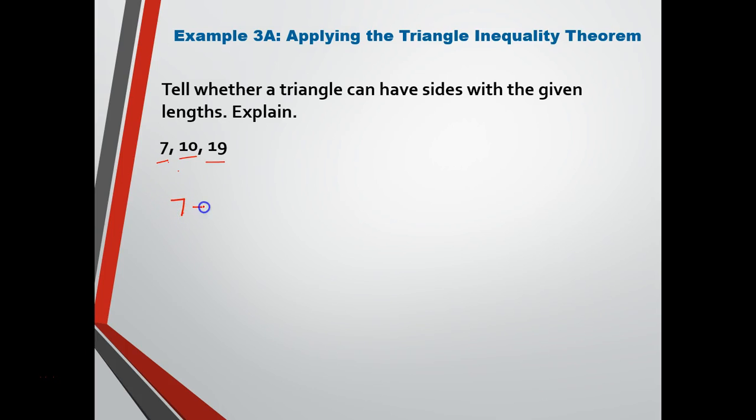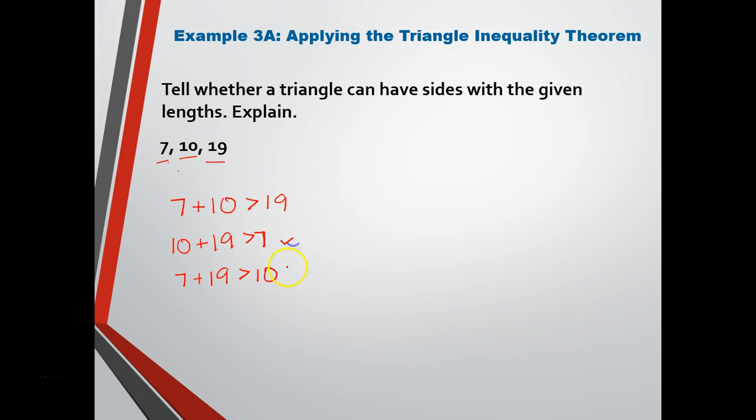We're going to take our first two, add them together. They must be greater than 19. And the next two, 10 and 19, must be greater than the other side, 7. And 7 and 19 must be greater than the third side.